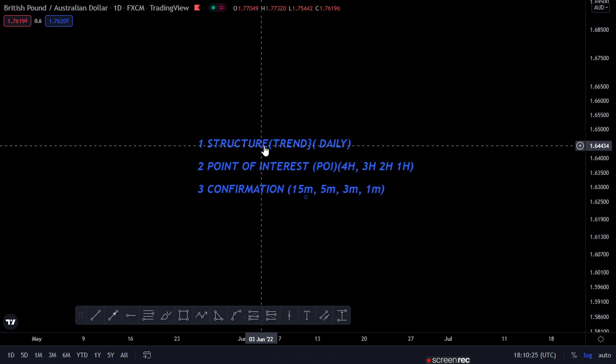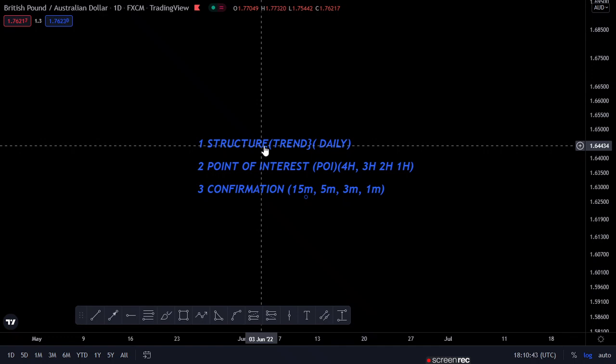After determining the structure, either bearish or bullish, I then look for my point of interest, either a breaker block, a liquidity engineering zone, or an order block, being a bearish order block or bullish order block.